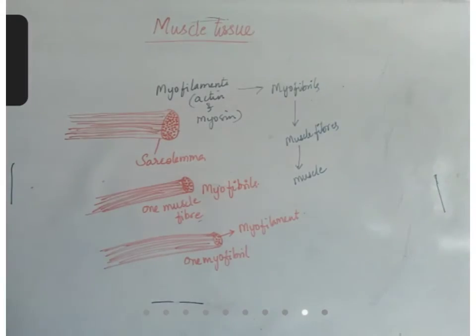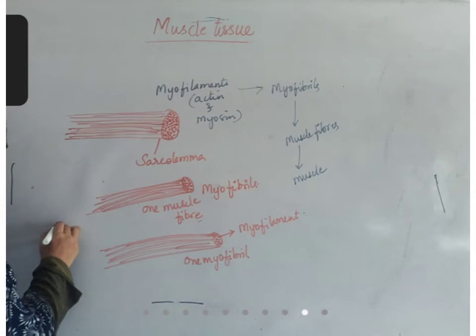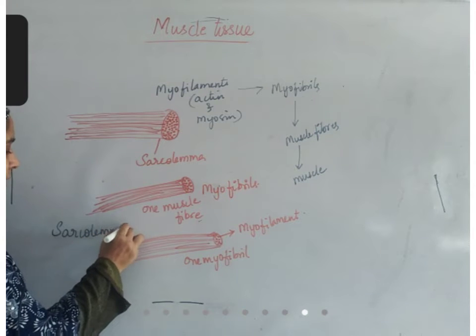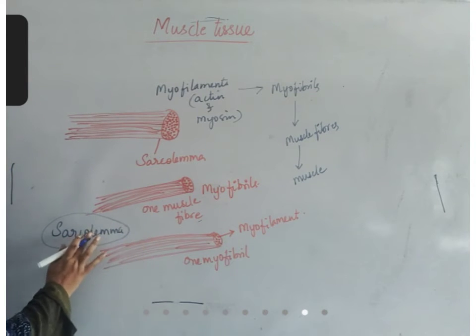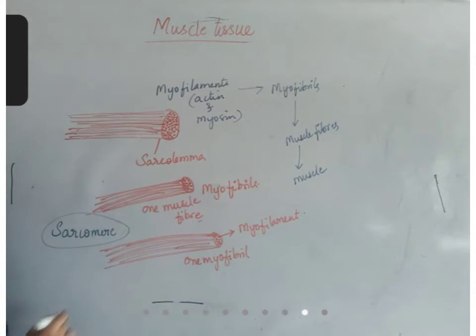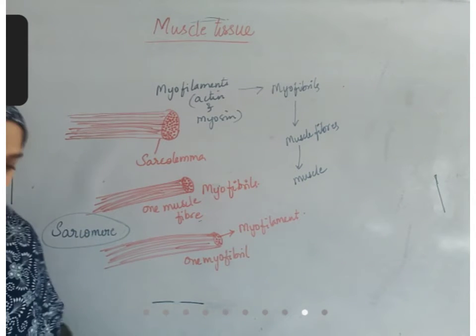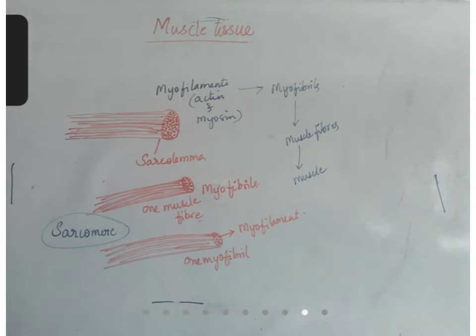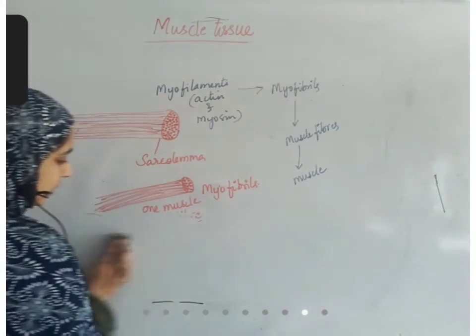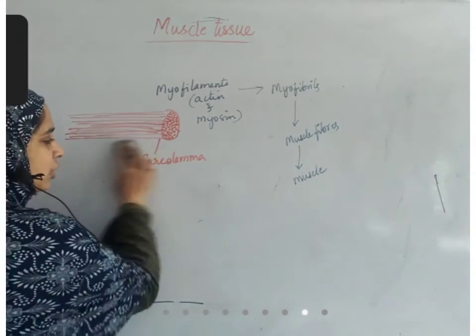So the smallest unit of this muscle tissue is the sarcomere. What is the sarcomere? Why is it called the smallest unit? Similar to how our body is organized, small cells will form the tissue.